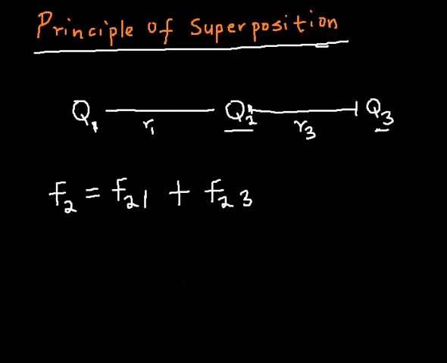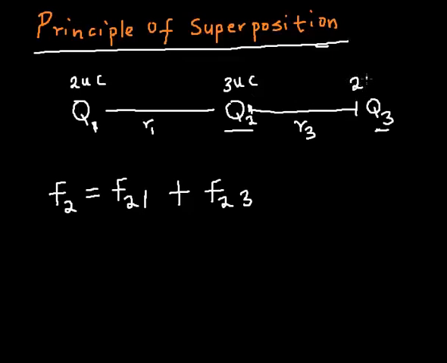So for example, now let's say Q1 here is 2 microcoulombs. Q2 is 3 microcoulombs, pardon me. Q3 is, let me still use, 2 microcoulombs.